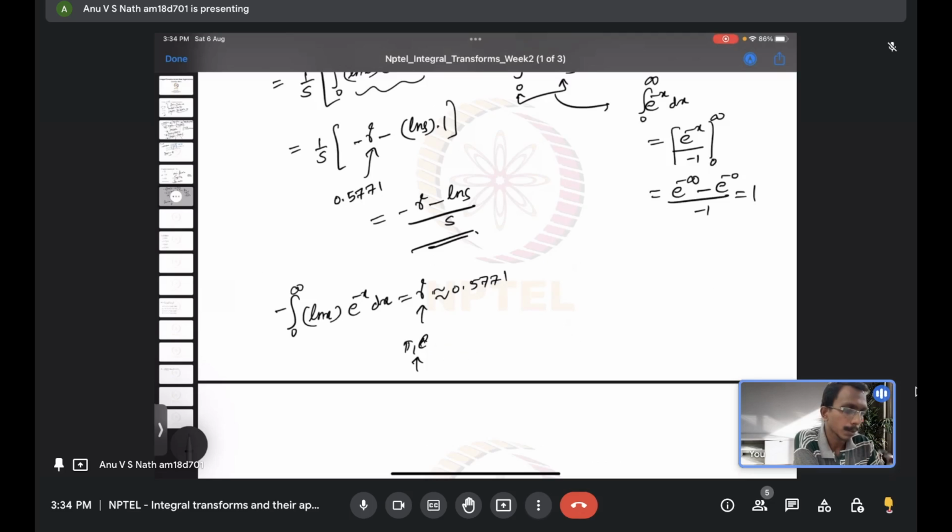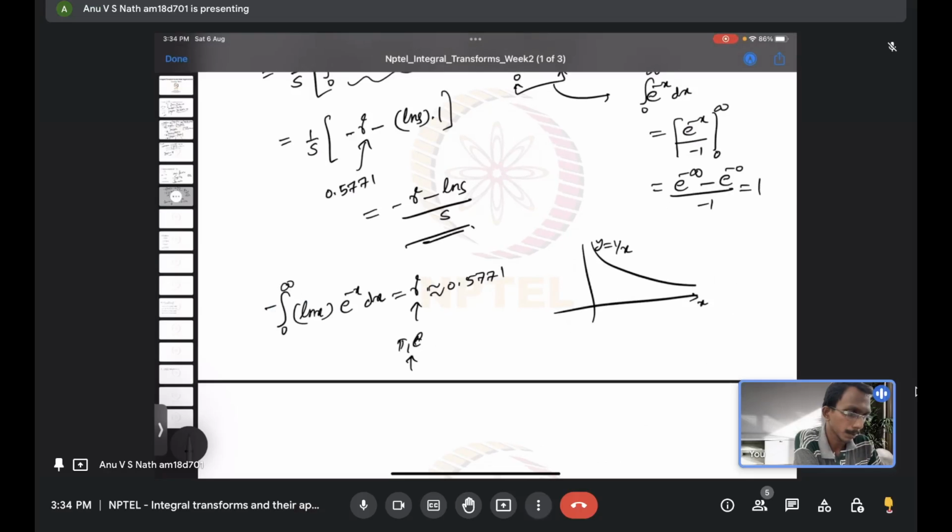So how it first appears: you can have a function 1 by x, let's say y equal to 1 by x, which we are plotting. We can approximate the area from 1 to, let's say, infinity, using the rectangles, the basic rule of integration.